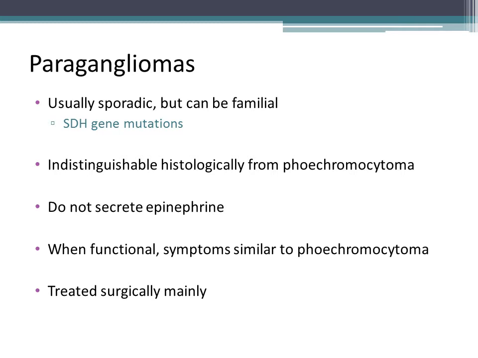So we can use MIBG as a diagnostic test, and we can use it also for therapeutic purposes. And we commonly use MIBG treatments for metastatic pheochromocytoma and metastatic paragangliomas. They're not used for primary lesions in the adrenal gland or before surgery of paraganglioma.